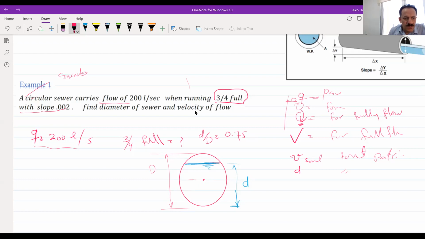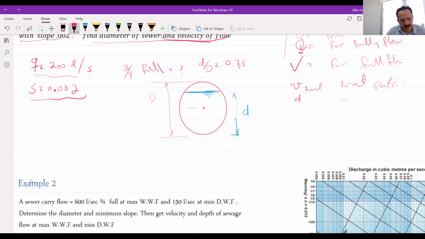Now we have the slope of this line, which is equal to 0.002. So now find the diameter of the sewer and the velocity of the flow. Now you can use the equation directly, in case you don't want to use any chart.